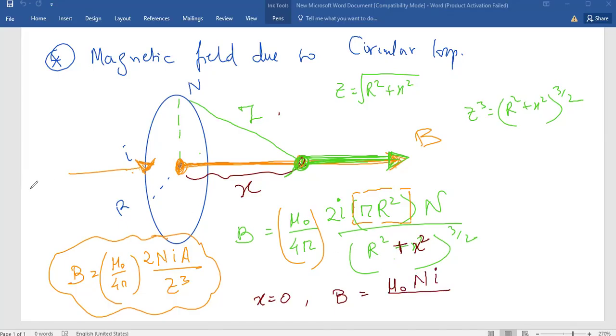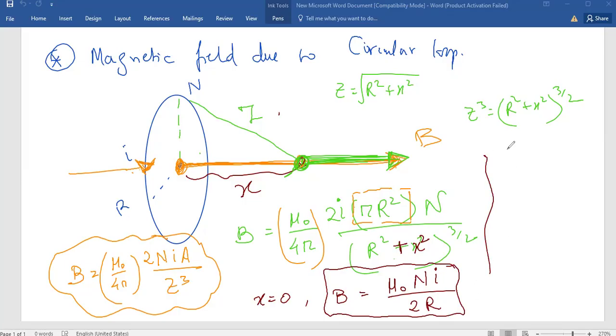And it is again one of the most frequently used formulas. Not n i by 2r? Yes, sir. Mu naught n i by 2R. For a single loop, it is mu naught I by 2R. Where students get confused is that for a long wire, the formula is mu naught I by 2 pi R. For a circular coil of single turn, it is mu naught I by 2R.